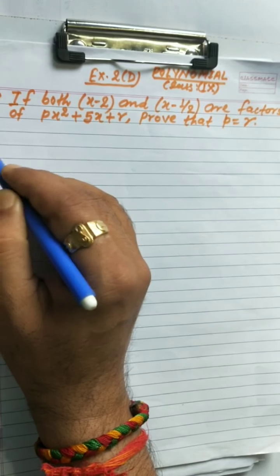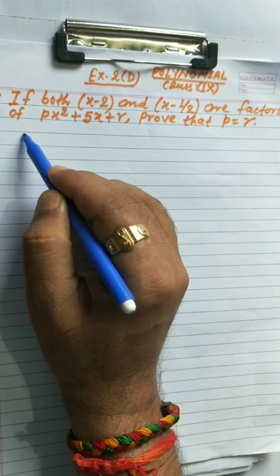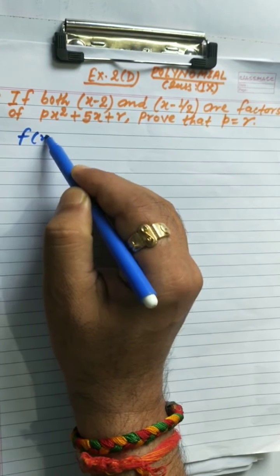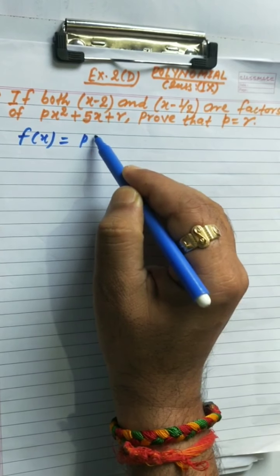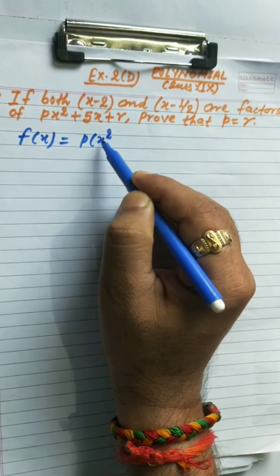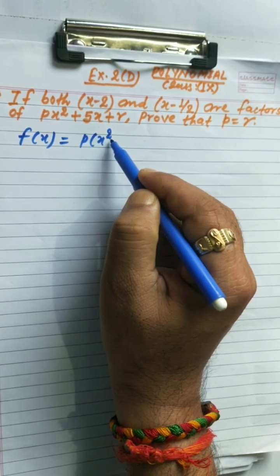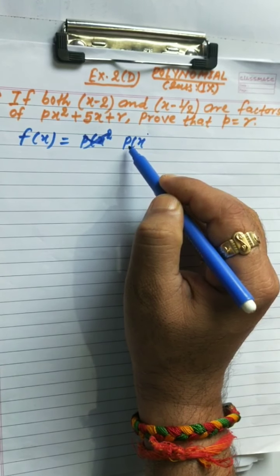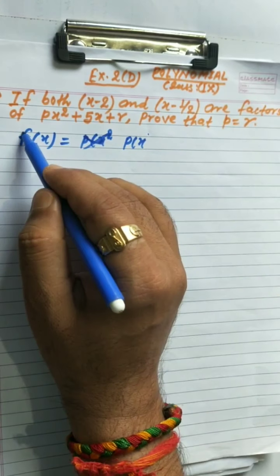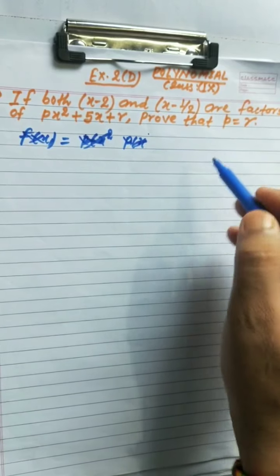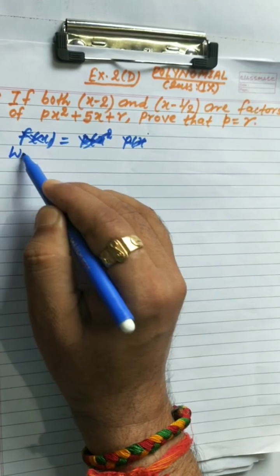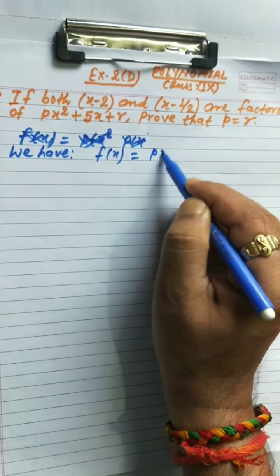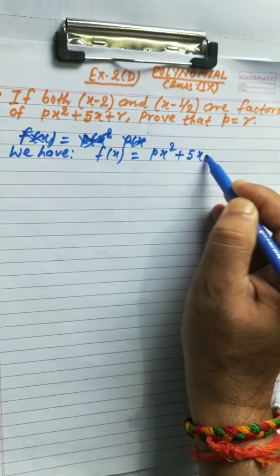So let us write here first the given polynomial. p is already given, so let us suppose f of x is equal to p x square plus 5x plus r.